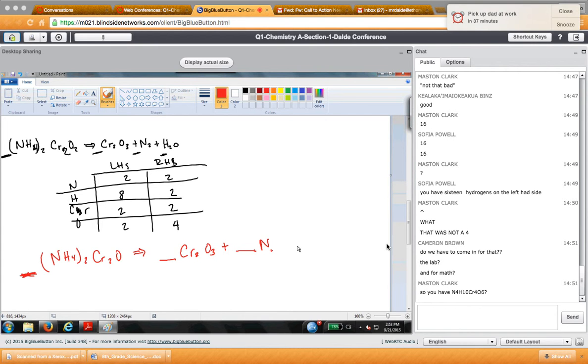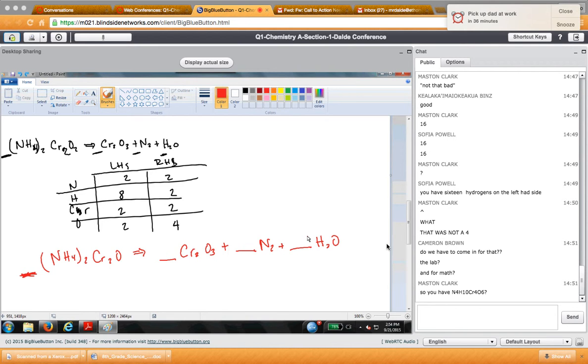So balancing equations is all about finding those numbers. These little dashes are numbers that are supposed to go inside there. When we put those numbers out in front, this means we have 4 moles of H2O. It can't be 1, 1, 1, and 1. We know that because they're not balanced. The left-hand side has different amounts of elements than the right-hand side. So we want to balance them out. Okay?